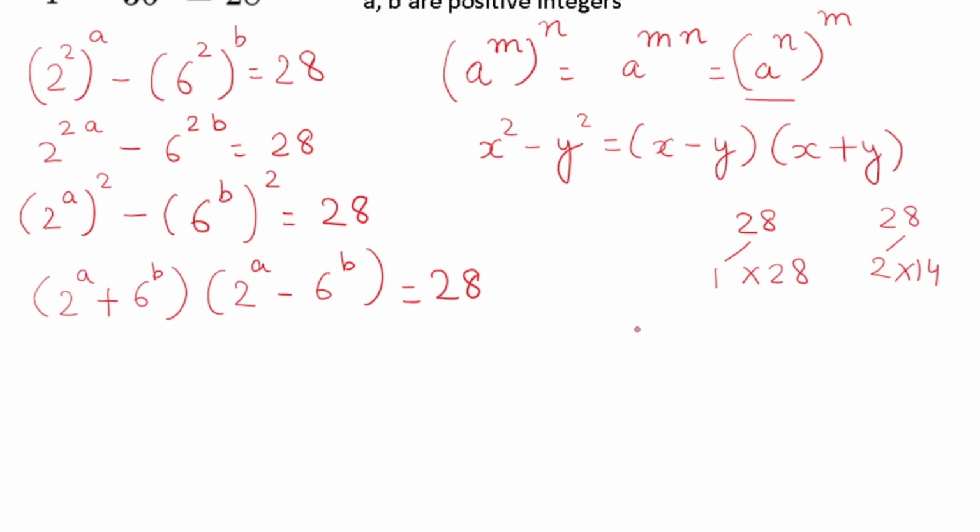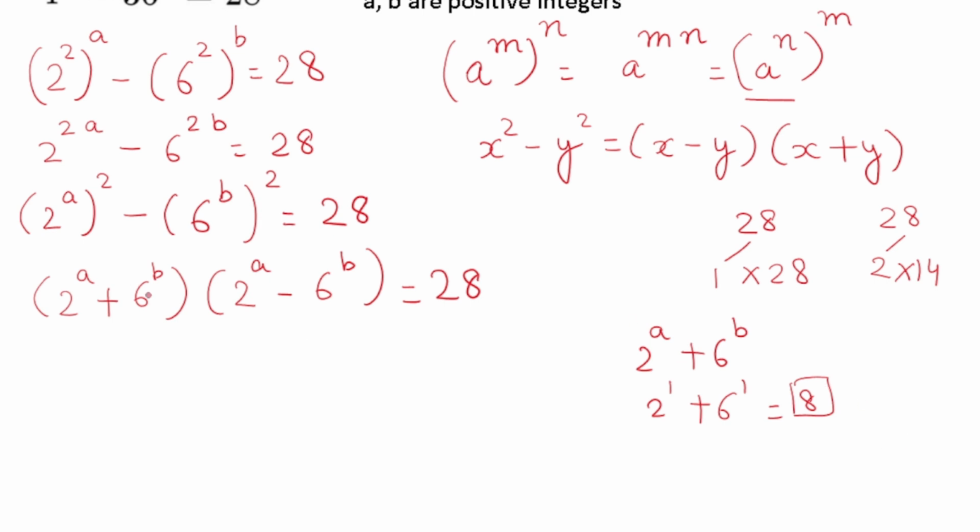If I choose 2 raised to power a and 6 raised to power b, suppose I take 2 raised to power 1 and 6 raised to power 1 and add them, that will be 8, which is an even number. Similarly, if I choose any power of a and b, a equal to 2, b equal to 2, a equal to 3, b equal to 3, that will generally give us an even number.